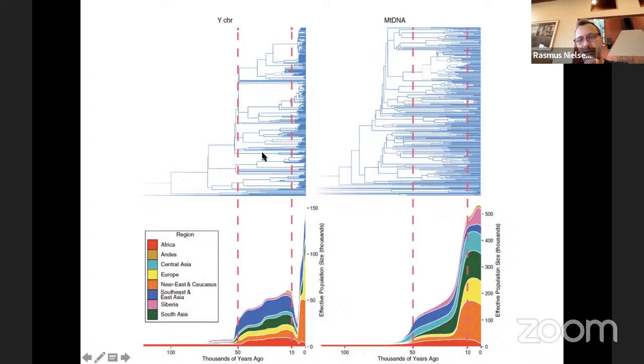And Y chromosome is inherited only paternally. Only men have Y chromosome, and it's inherited from father to son, and there's also no recombination there. So you have a single genealogy. What this down here shows are estimates of the effective population size through time in different human populations using one of these MCMC approaches for estimating effective population size.